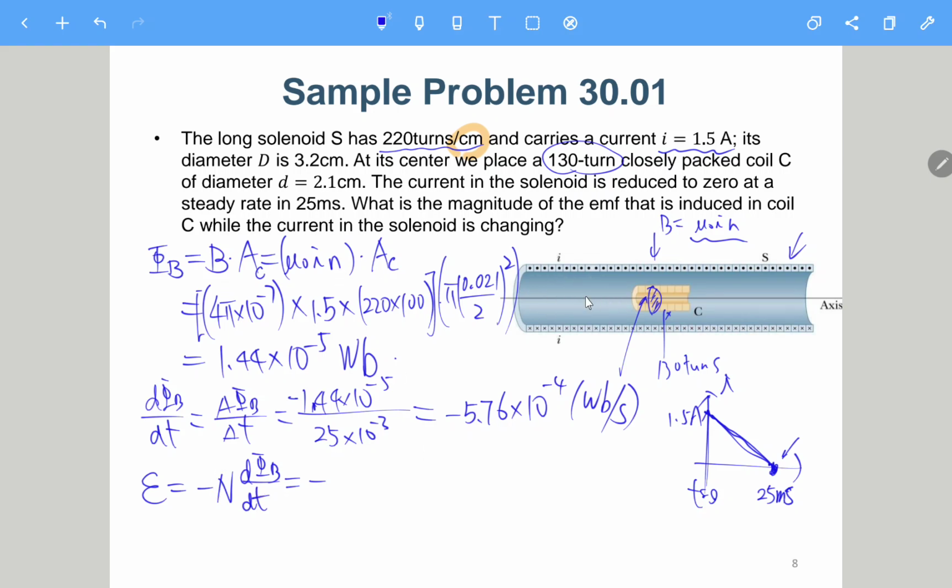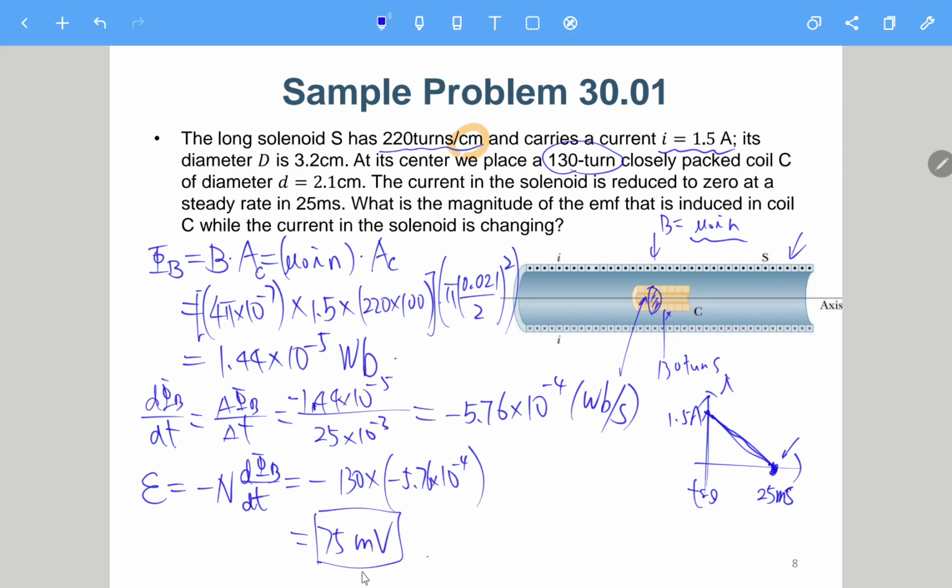Capital N is the total number of turns for coil C. So we have negative 130 times negative 5.76 times 10 to negative 4. This number is 75 millivolts. Not large.